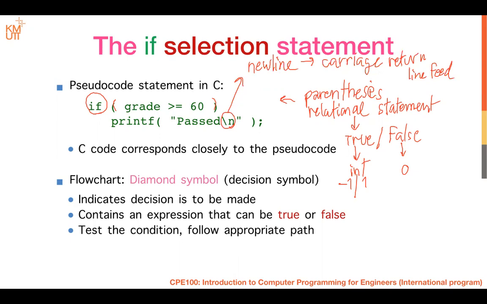Carriage return means from the current position, the cursor will go to the first column of this line, at the beginning of the line, and line feed means the cursor will go to the next line.